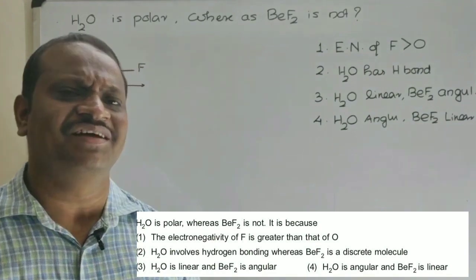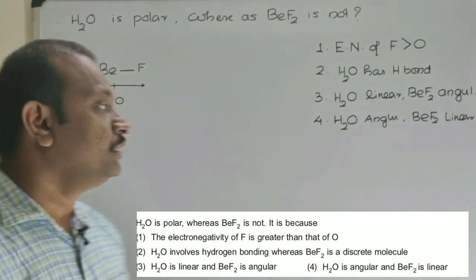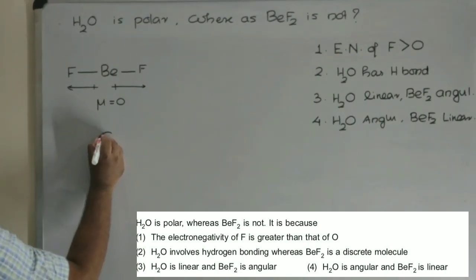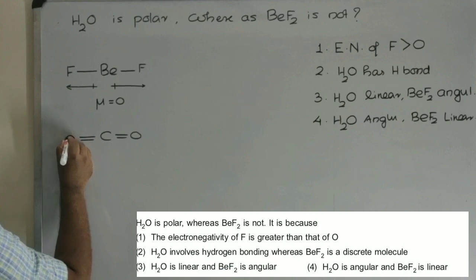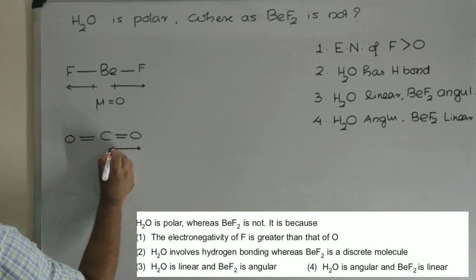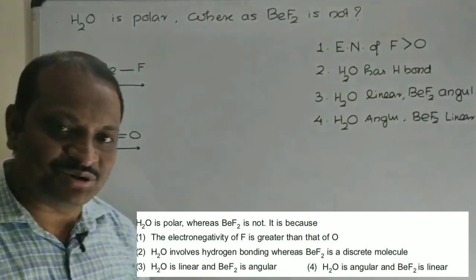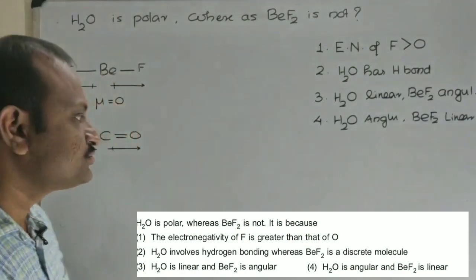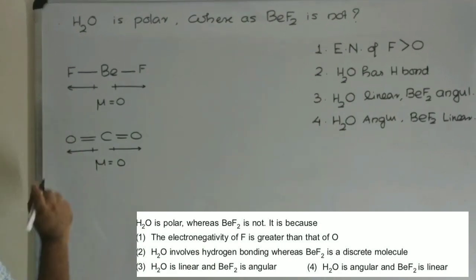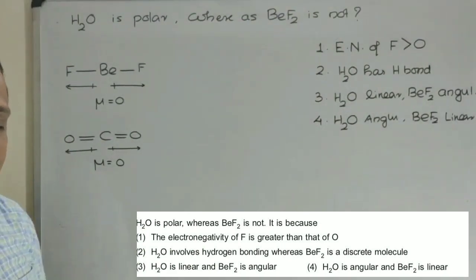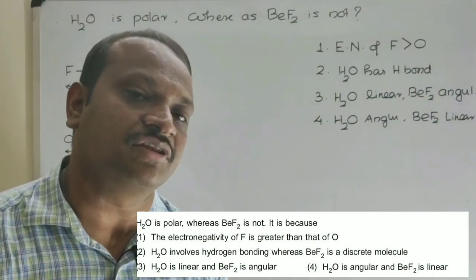And you are familiar with a same kind of compound, like carbon dioxide. In carbon dioxide, we have C double bond O, here also double bond O, dipole to this side, and here also dipole. So what will happen? In this case also, it will cancel each other, so you get dipole moment mu equals 0. Whenever you consider any symmetrical molecule, dipole moments will cancel each other.